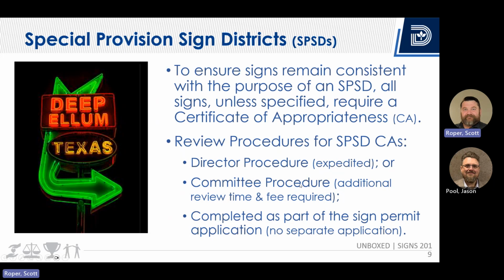Review procedures for SPSD CAs include director procedure, which is expedited, or committee procedure, which requires additional review time and a fee is required. These are completed as a part of the sign permit application, so there's no additional application needed.